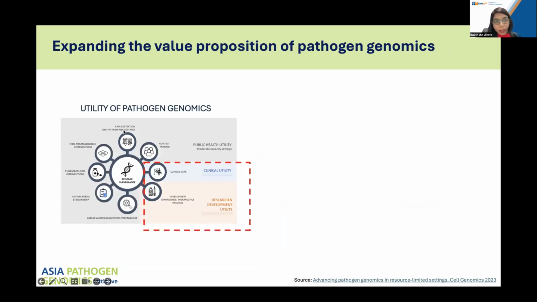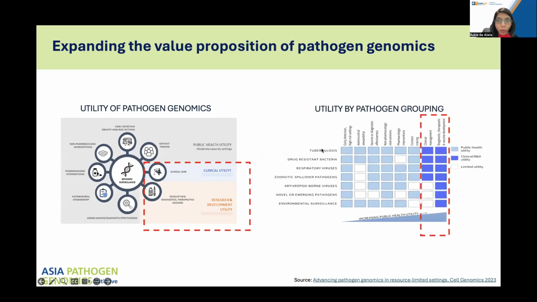So if you look at here, this is a review article that was released recently. And as you can see here, there are many reasons we can do pathogen genomics for public health purposes and impact. But then again, we can easily use NGS for clinical management, as well as research and development of novel diagnostics, therapeutics, and vaccines.